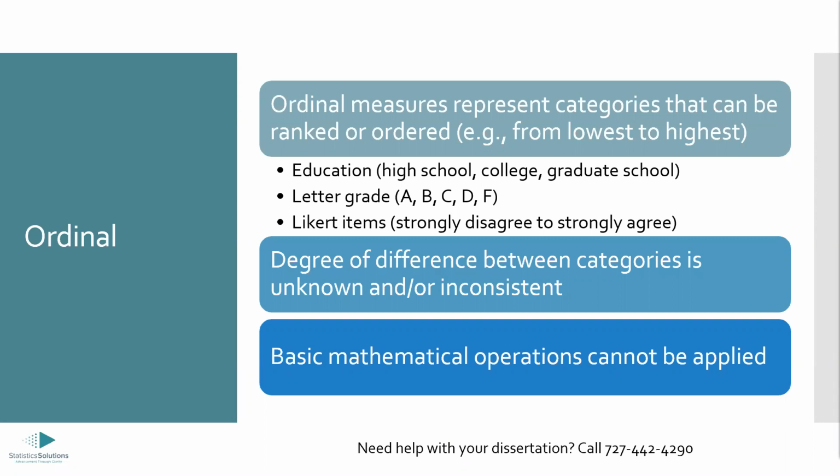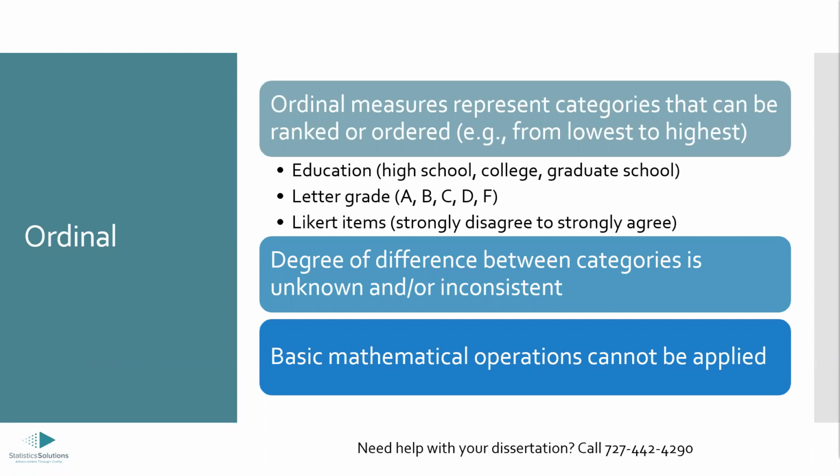But this would be things like where someone rates an attitude or behavior from strongly disagree to strongly agree. We know that strongly agree is higher than strongly disagree. So again, these are categories that we can put in a specific order from lowest to highest.